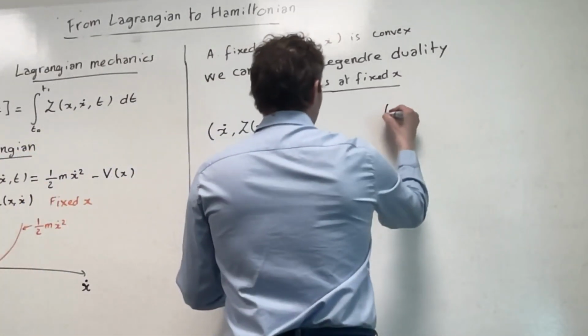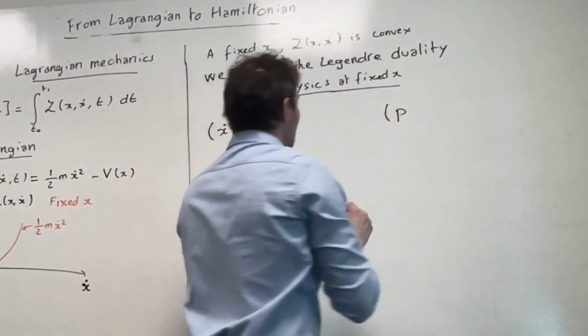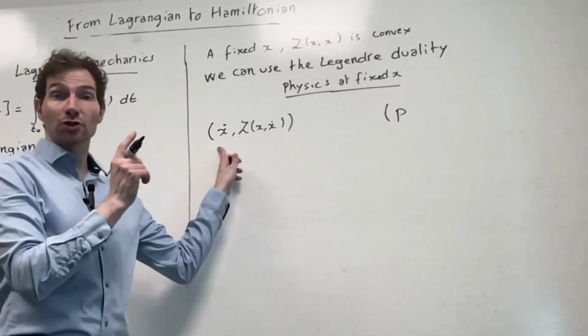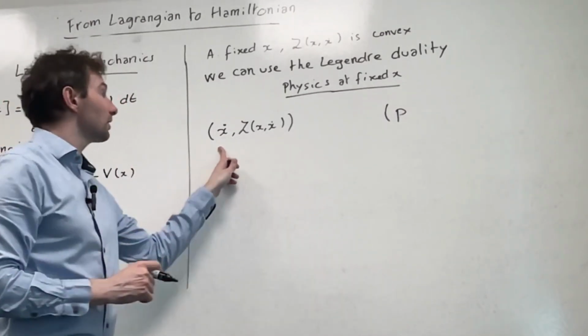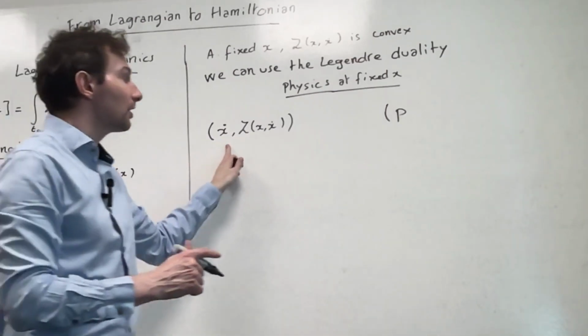But I can provide here basically what I call P, which is the slope of the function L with respect to x dot, okay?